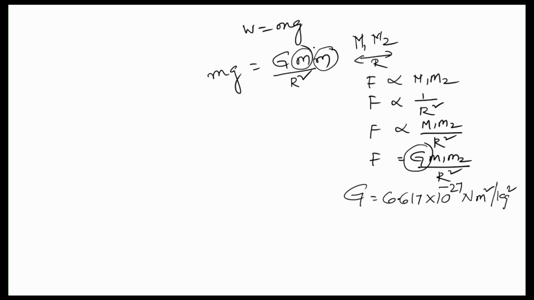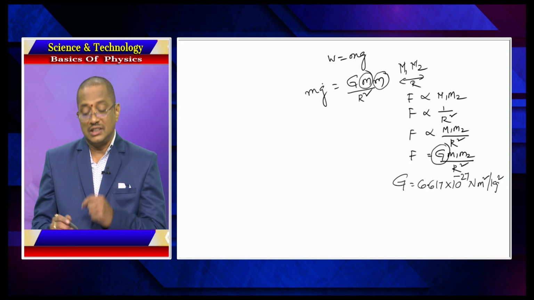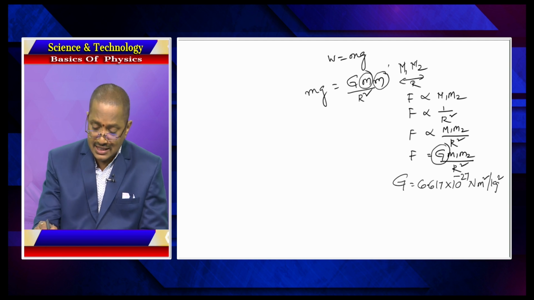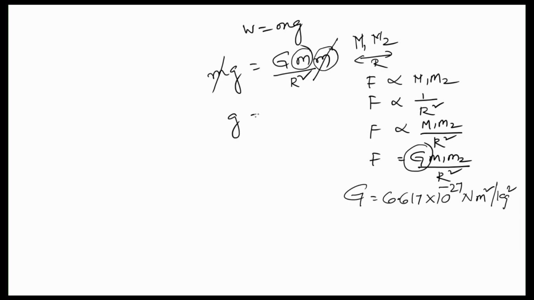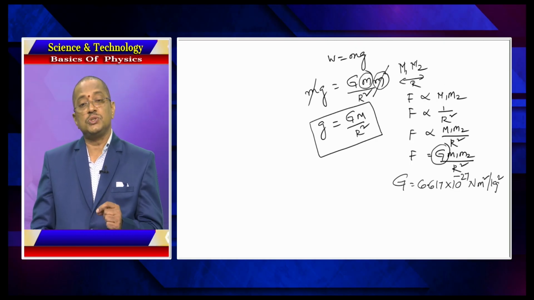The gravitational force is mg, and the universal gravitational force is G M m by r square. Cancelling the m on both sides, you get g is equal to G M by r square. This is the relation between small g and capital G, that is, acceleration due to gravity and the universal gravitational constant.